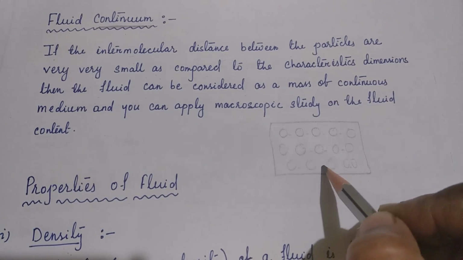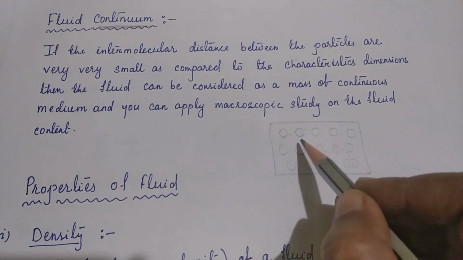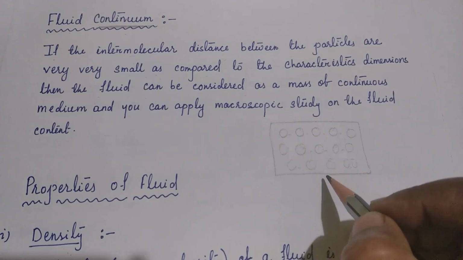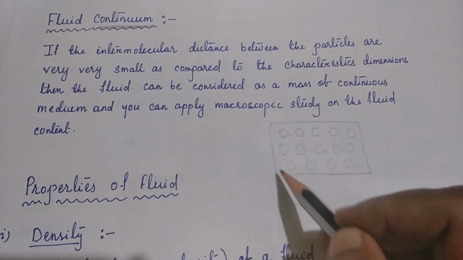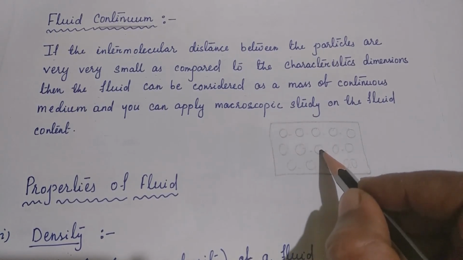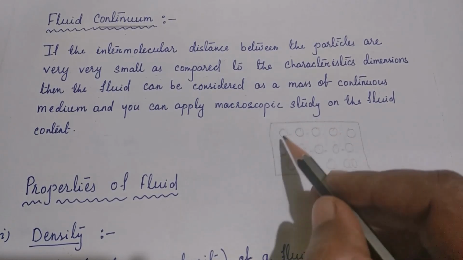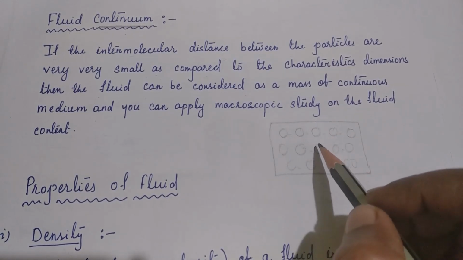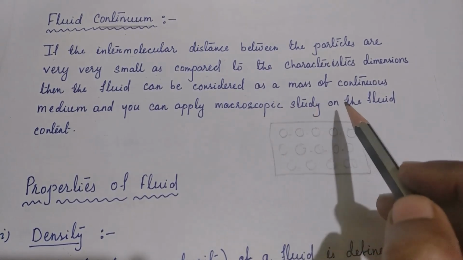So, we neglect the intermolecular distance between the molecules and we assume the mass distribution within the substance to be continuous. So, here we will follow a macroscopic approach to study, where we study taking the average value into account. We will not study at molecular level or at microscopic level. So here what basically we discuss is that the mass distribution within the fluid is continuous. So this is all about the fluid continuum.